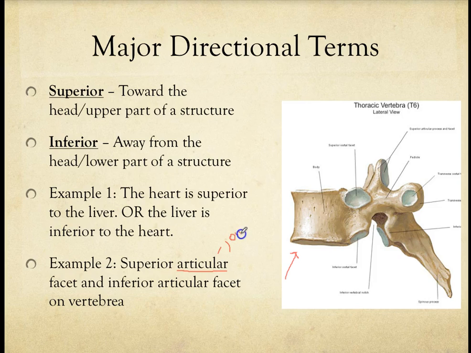And excuse my slow writing. Okay. So where two of these vertebrae come together, there's a superior articular facet up here up top. And then you'll also have one at the bottom down here, that sort of white area. That is the inferior articular facet. So again, the one that's inferior is below, the one that is superior is on top.